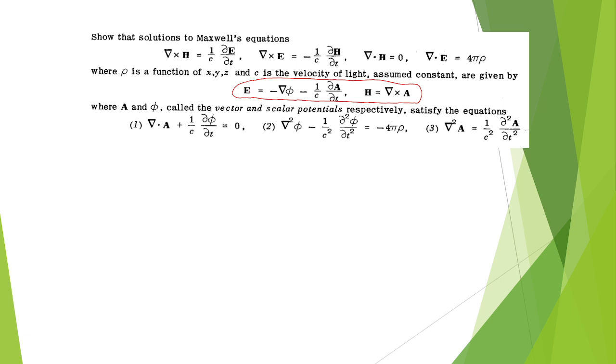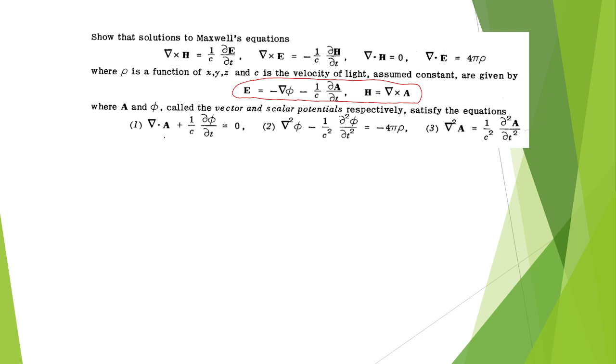If the electric field is of this type and the magnetic field is of this type, where A is the vector potential and phi is the scalar potential, E is some combination of the derivative of the scalar potential phi and the vector potential A, and the curl of A is the magnetic field, then they will satisfy the Maxwell equations under these conditions.